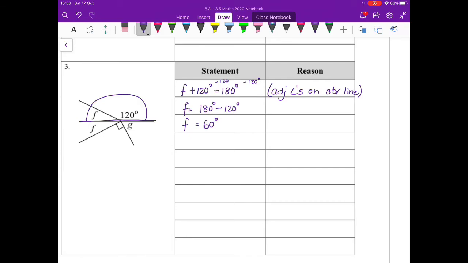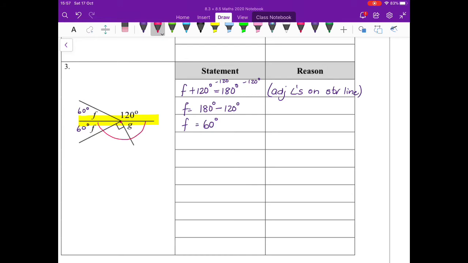It's sometimes a good idea to go and fill in your variables on your diagram. So that would be 60 degrees. And if F is on the same diagram, it means wherever you see an F, those are 60 degrees. Right, I'm now going to look at my angles on the bottom of the straight line. In other words, I'm looking at these three angles.